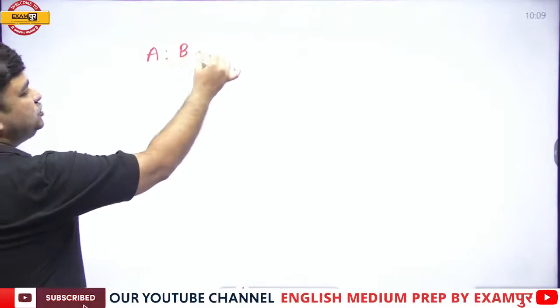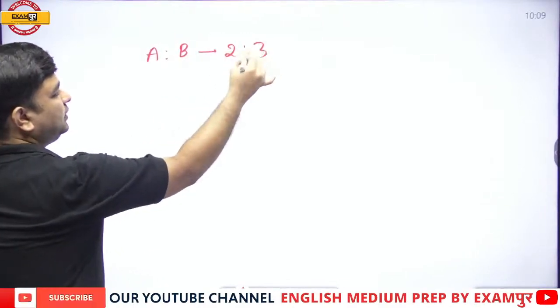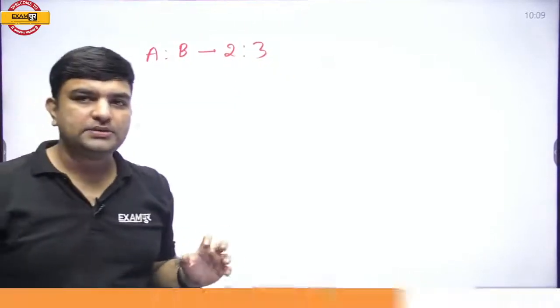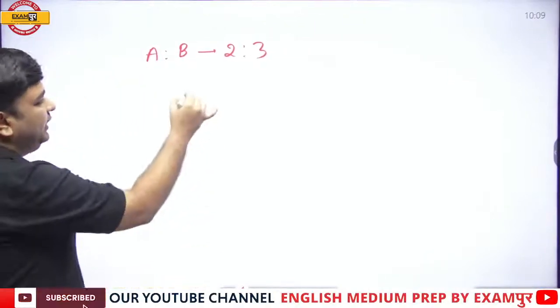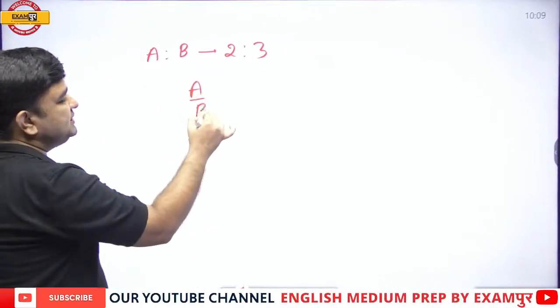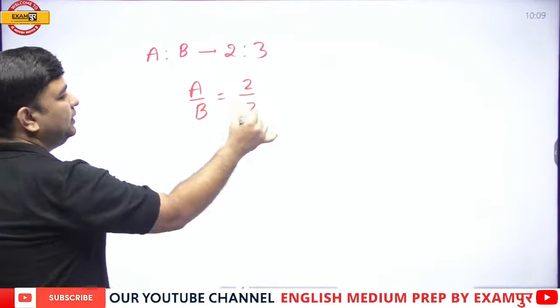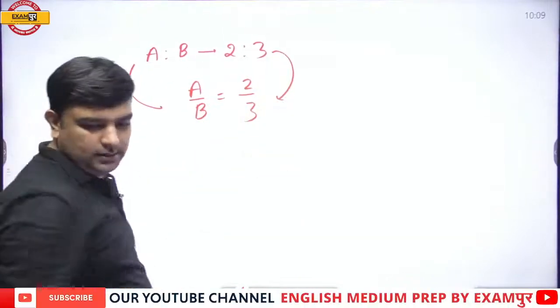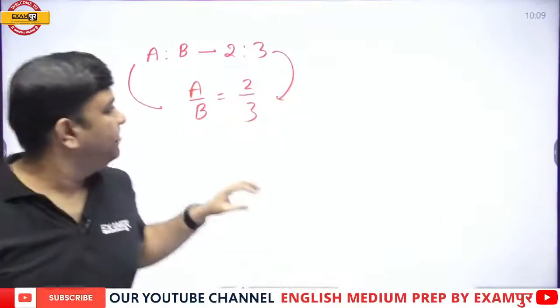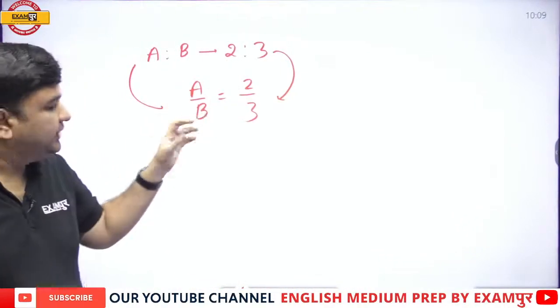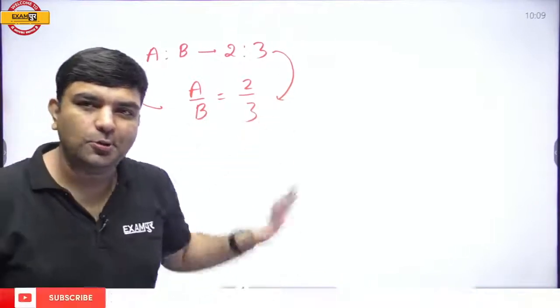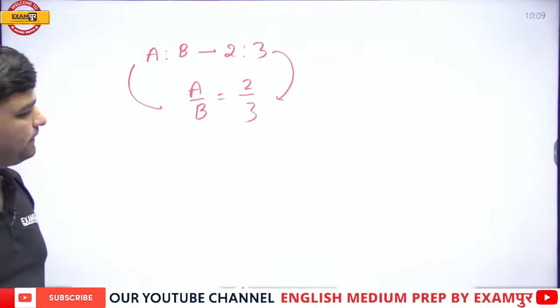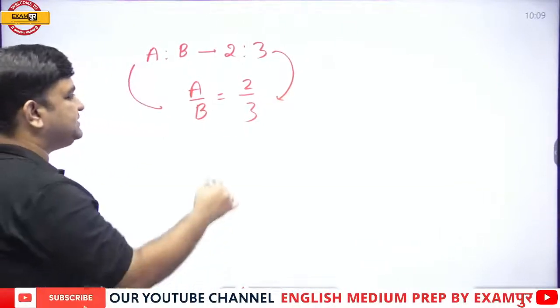A:B is 2:3. How to denote it? It can be written as A/B is equal to 2/3. So what does this say?